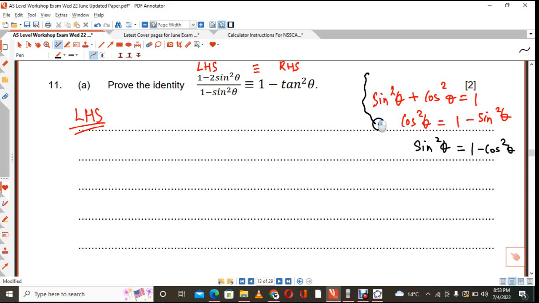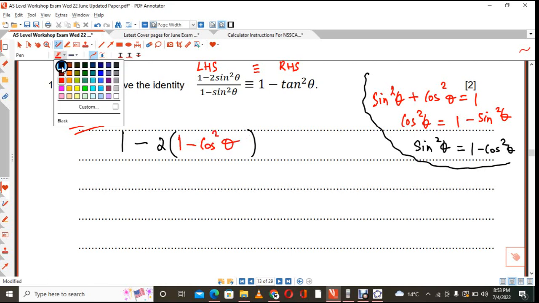Okay, so I've just built extra ones from the general one. So what does that mean? So when you look here, I have 1 minus 2, but that's sin square theta there, right? That's sin square theta. I'm going to replace it with 1 minus cos square theta. 1 minus cos square theta.